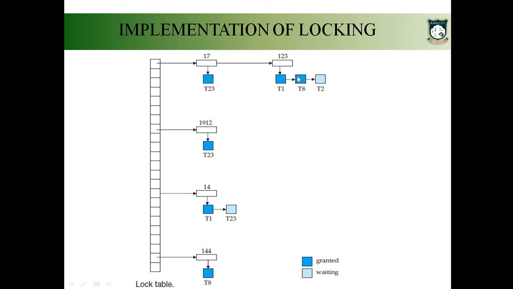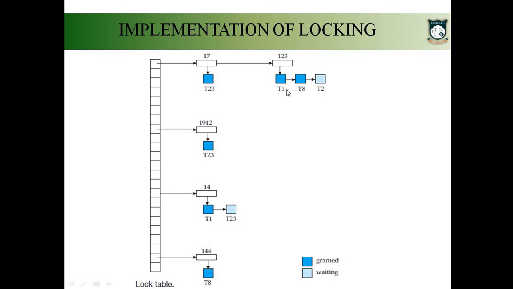You can see here in this image, data item 123 has already been locked by T1 and T8. Now T2 is also requesting the same data item, but that mode is not compatible with the already locked mode. So what happens? T2 has to wait.